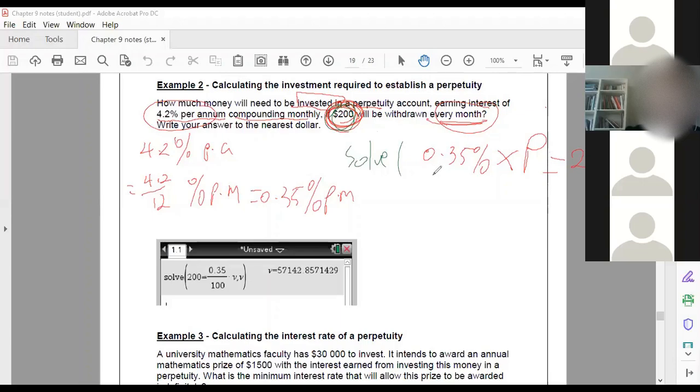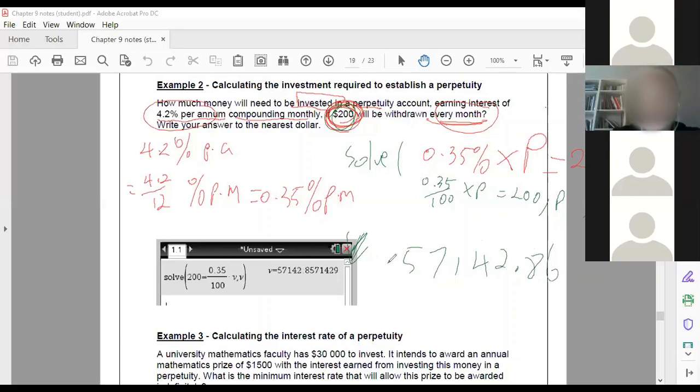If not, just put it as 0.35 divided by 100 times P equals $200, and we're going to solve for P. I put P in here, or V, it doesn't really matter. And we find that we will need to invest $57,142.86. Any questions on how I did that one?